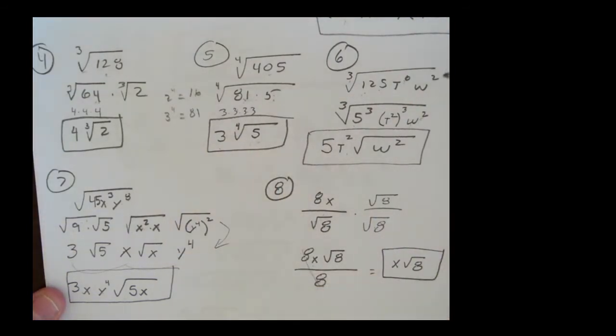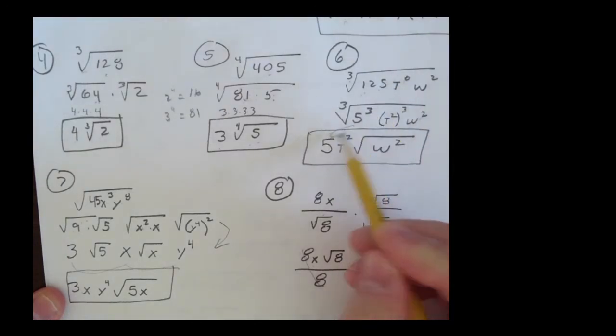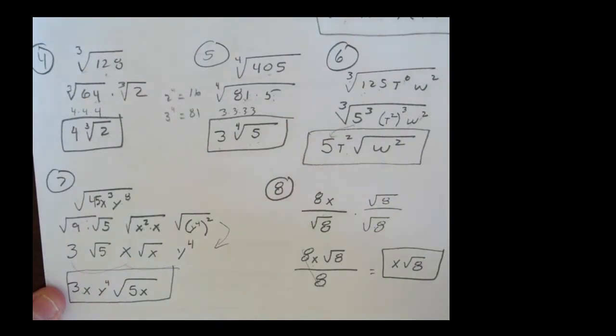Okay? 6. Cube root of 125 is 5. 5 to the third is 125, so we take that out and it's right there. T to the sixth. Because it's the third root, we're figuring out, okay, what times itself 3 times gives us t to the sixth?